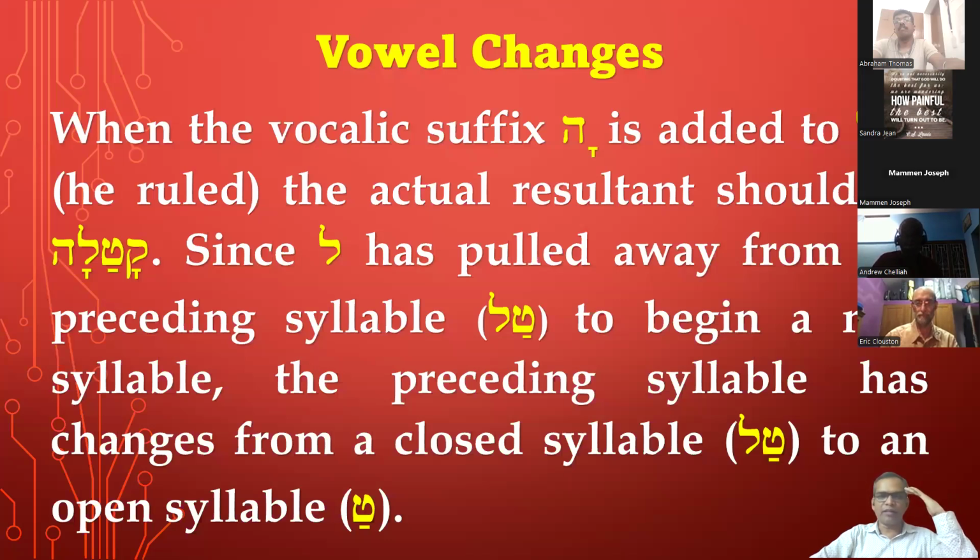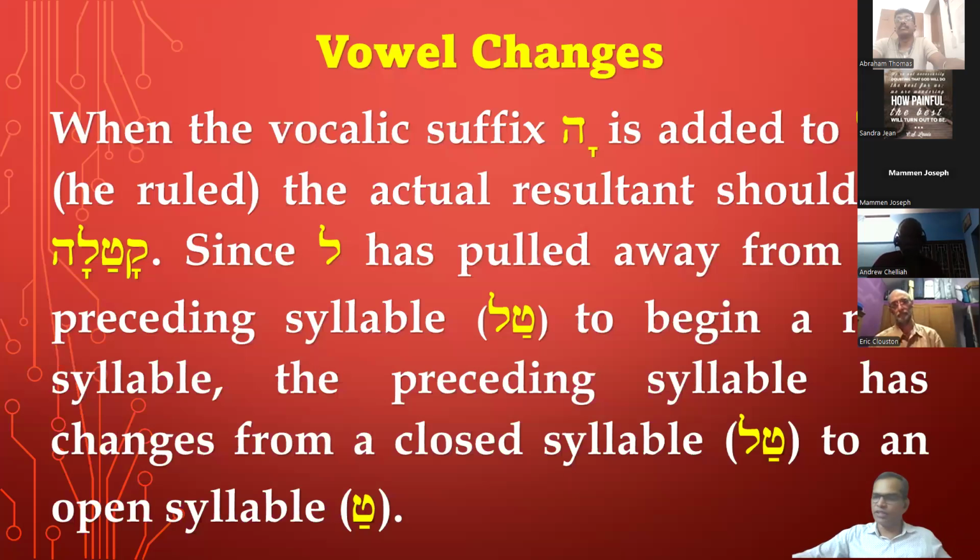Now after adding Kamatske, it becomes ka cha la, where two syllables are becoming three syllables. Ka is one syllable, cha is another, and la is another. So the problem here is, in an open unaccented syllable, you should have a long vowel.